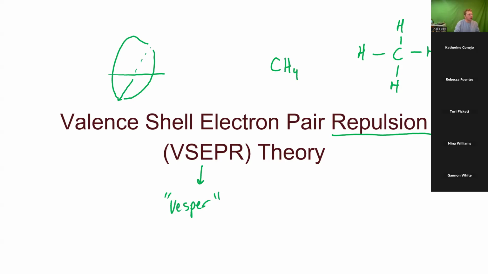Okay. So I'm setting all of this up because what I'm getting at is these electrons right here will oppose or repel these electrons. They'll also repel these electrons. And they're also going to be repelling these electrons down here.